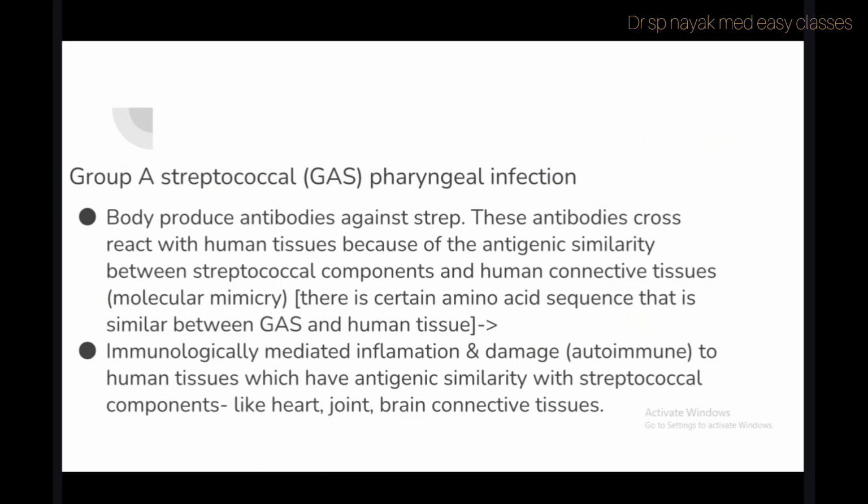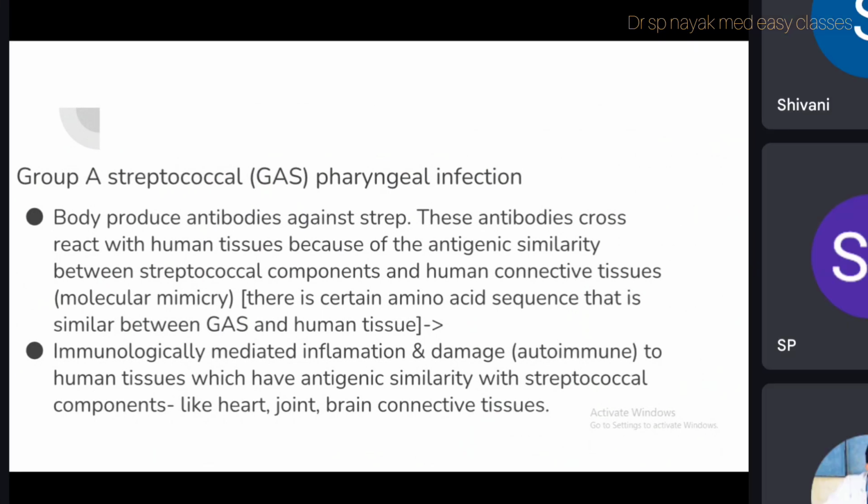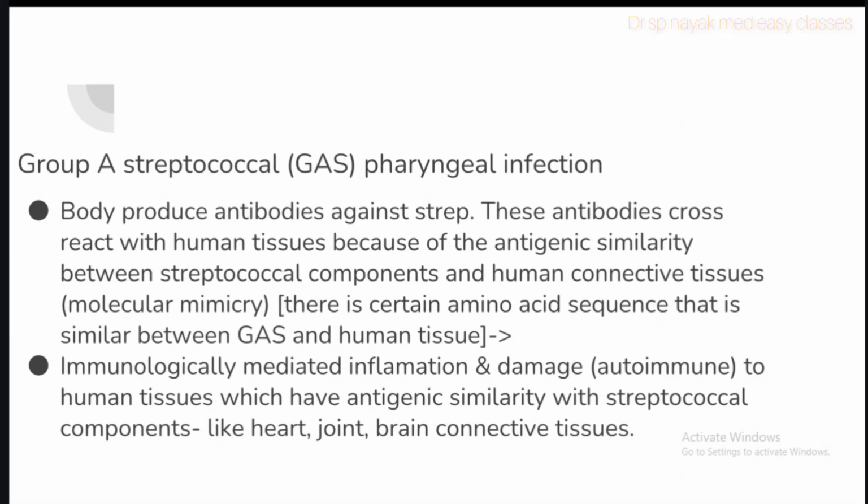These antibodies cross react with human tissues because of antigenic similarity between streptococcal components and human connective tissues, which is molecular mimicry. Remember these two words: cross react and molecular mimicry.